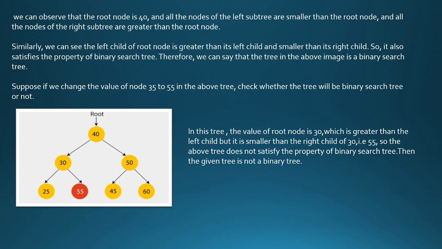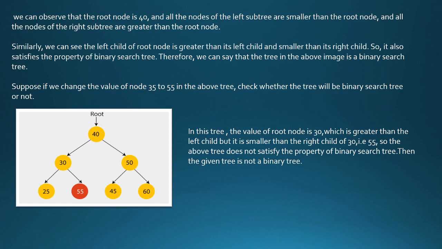Suppose we change the value of node 35 to 55 in the previous tree. Check whether the tree will still be a binary search tree or not. In this picture, the value of the root node is 30, which is greater than the left child, so it satisfies the BST, but its right child is greater than the root and the parent node, that is the number 55. Before adding 55 to the right side of the 30, check the number 55 with the parent node.